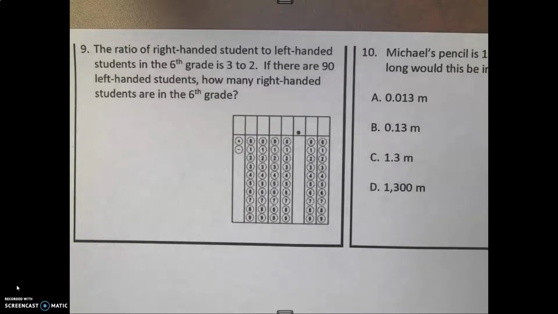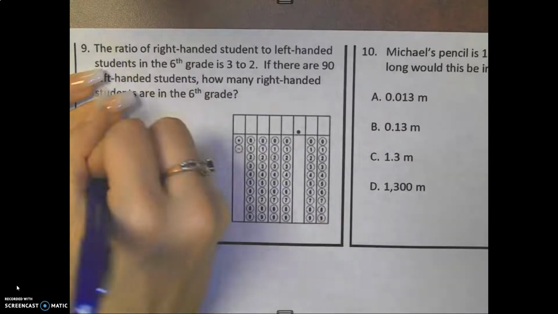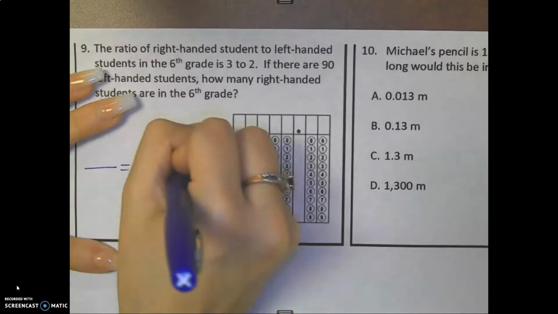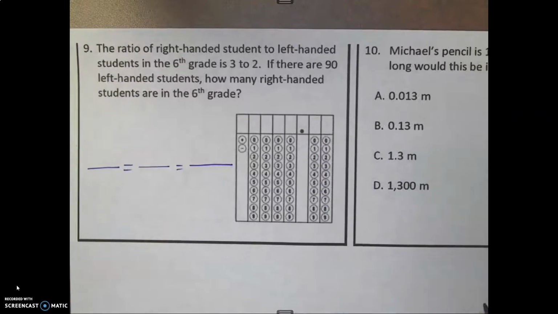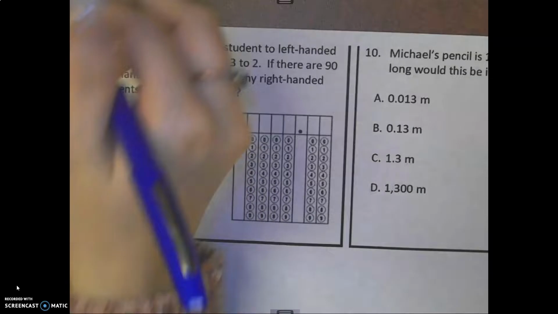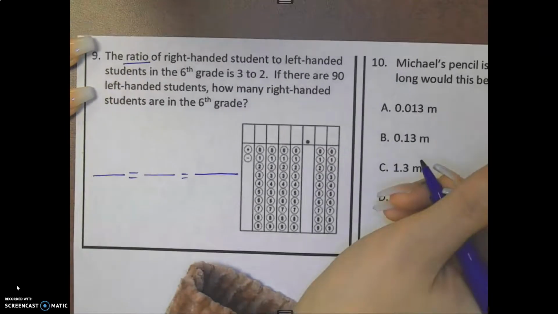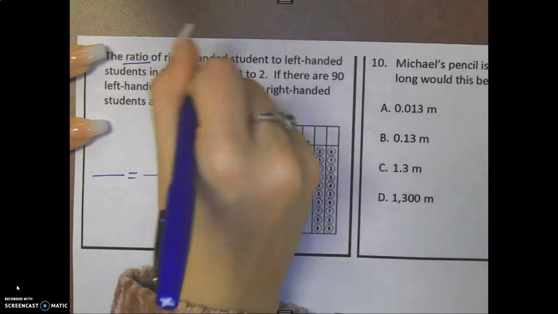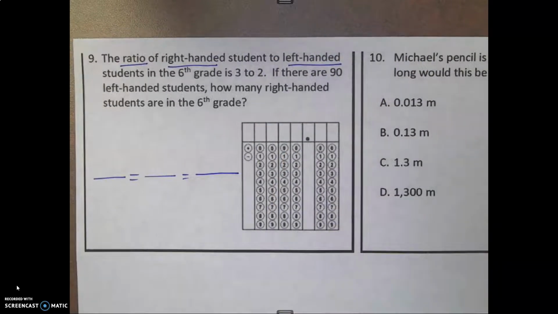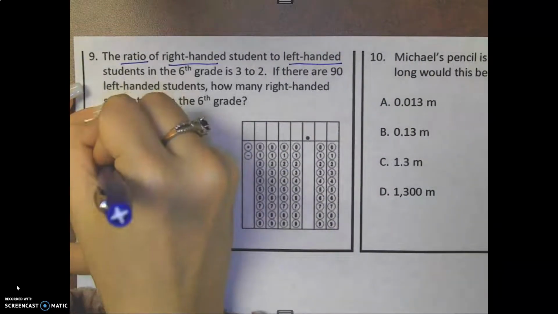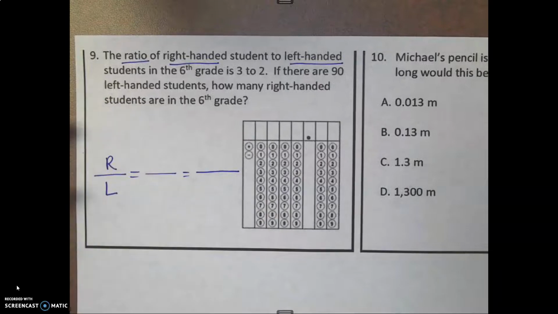They don't give us a percent. We're not looking for a percent, so we just need to look at our units. What are we comparing? And notice how they gave us our keyword ratio, and it's going from right-handed to left-handed. So I'm going to keep it in that order. Right-handed to left-handed. Those are my units.